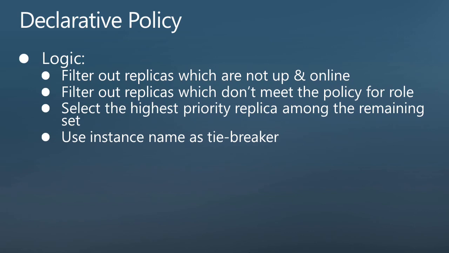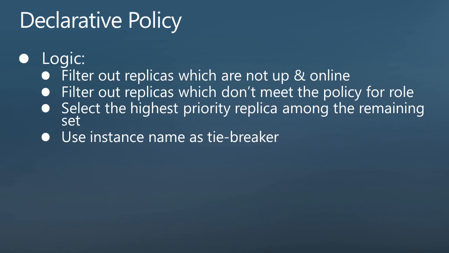We filter out replicas that don't meet the policy for role. So if you've specified that you want the backups to happen on the primary, we'll filter out all the secondaries. If you've specified that you want the backups to happen on secondaries, we'll filter out the primary. So you're left with the set of replicas which are candidates to do the backup.